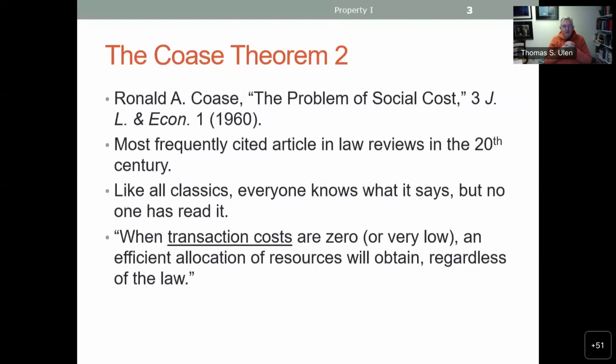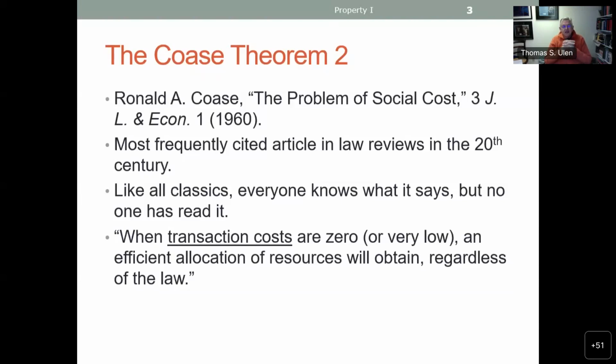And one of them, The Problem of Social Cost, from the Journal of Law and Economics, Volume 3, beginning on page 1. That article is the most frequently cited article in law reviews of the 20th century, and I suspect the 21st century as well.